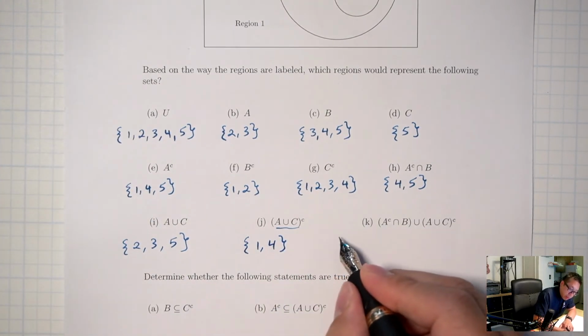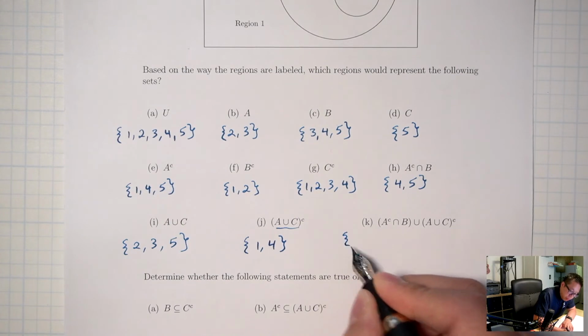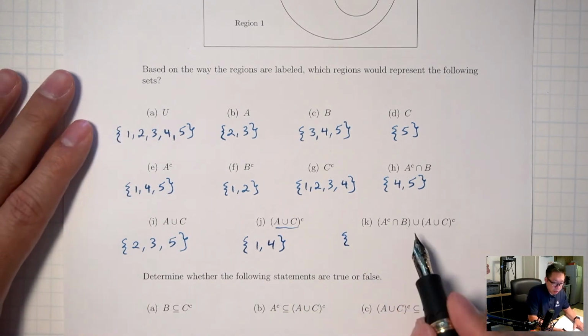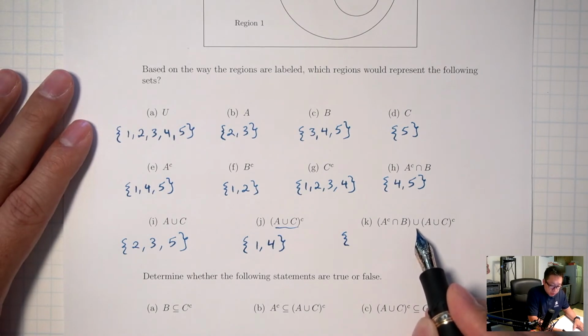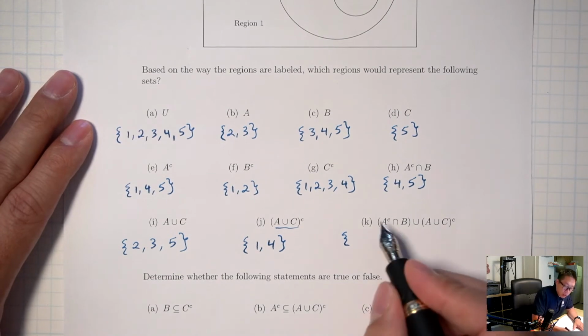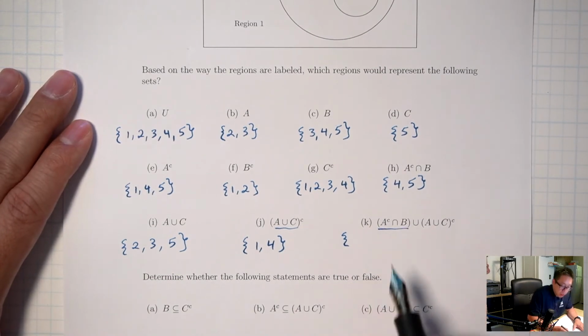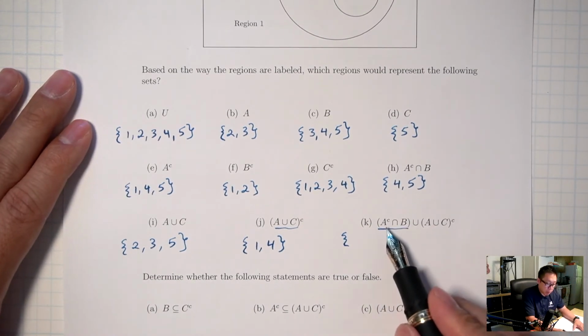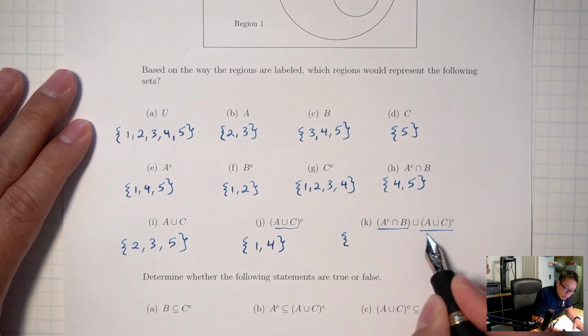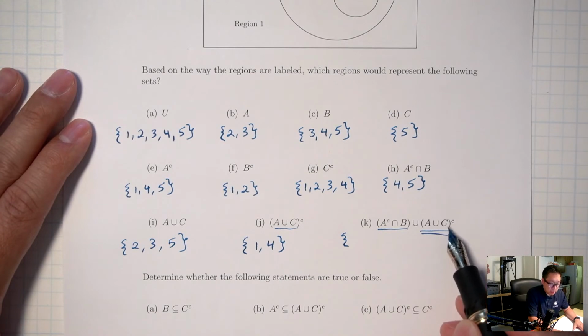And then finally part K here. Looks complicated, but it's not really, because all this is asking you to do is union the thing on the left with the thing on the right. The thing on the left is A complement intersect B. The set on the right is A union C complement.